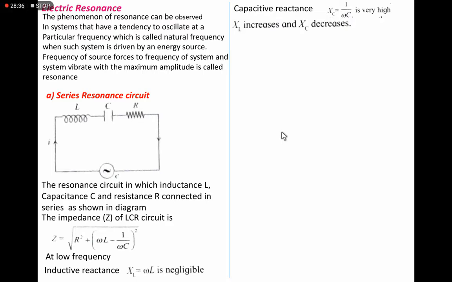I repeat, here is the AC generator and the frequency of the AC generator increases.